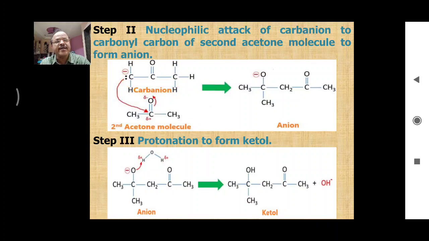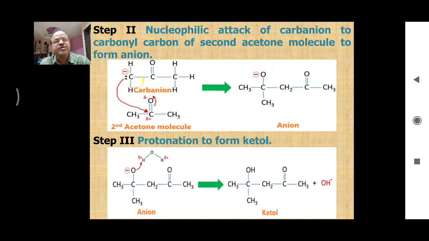Now this carbanion, this negatively charged carbon, attacks this carbonyl carbon, and this pi bond will be shifted towards the oxygen. So oxygen will carry negative charge, and this carbon will carry positive charge due to pi electron shifting.